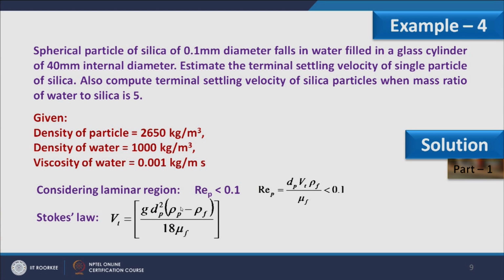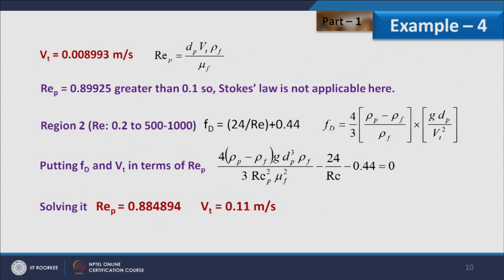Putting the values in this expression, we can calculate the terminal settling velocity, which comes out as 0.8993 meter per second. Once I have this value, further we will calculate the Reynolds number for verification, and it is coming out as 0.89925, which is greater than 0.1. So Stokes law is not applicable here.